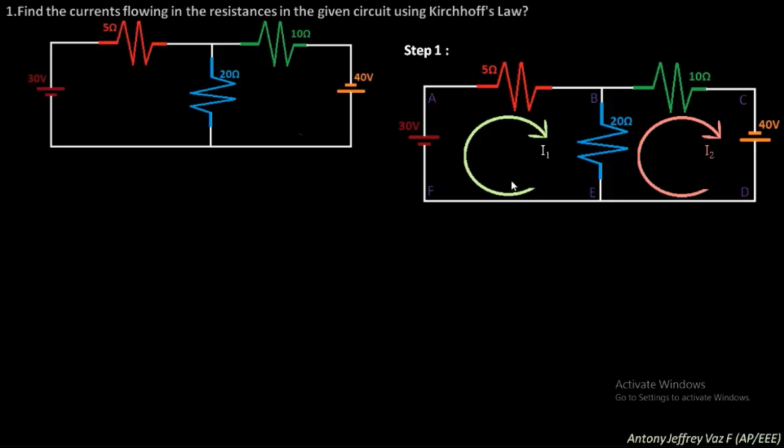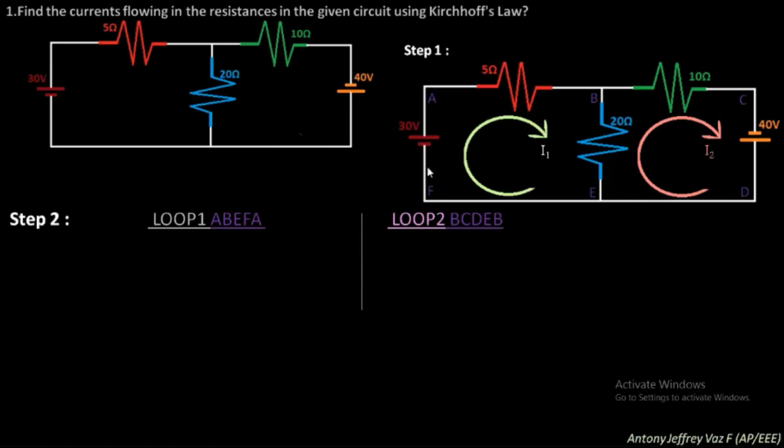Assume the current I1 flowing in the clockwise direction in loop 1, and in the second loop assume the current I2 also flowing in the clockwise direction. There are two loops in this circuit, so there are two currents I1 and I2 flowing in the clockwise direction.